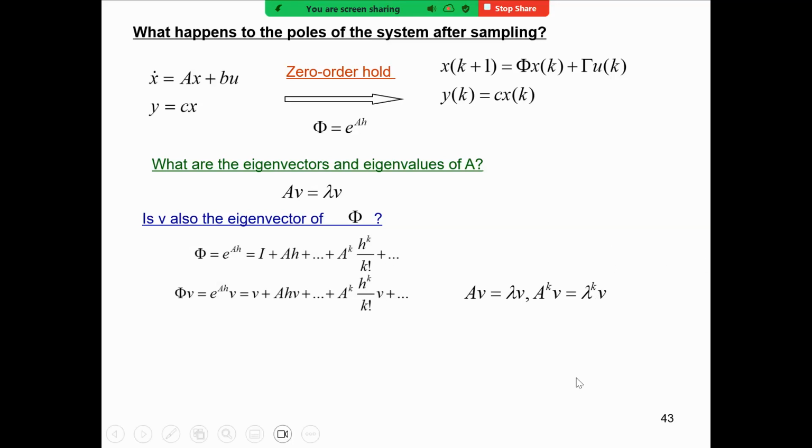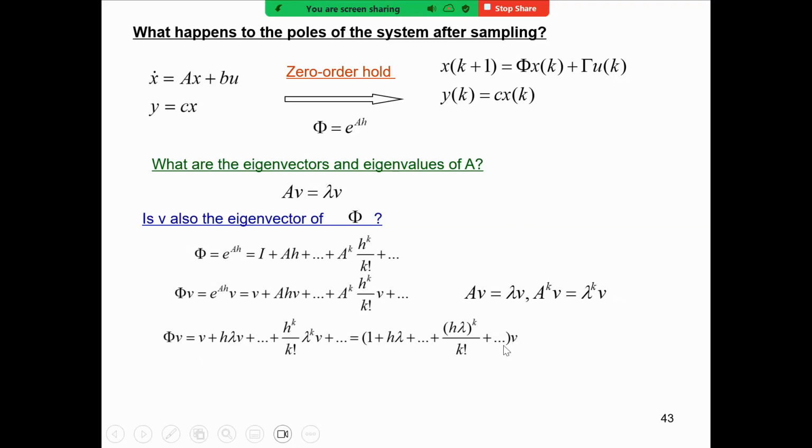Now, with that, we can rewrite phi times V as V plus H lambda V, since AV is lambda V, and A to the power of K times V is lambda to the power of K times V.